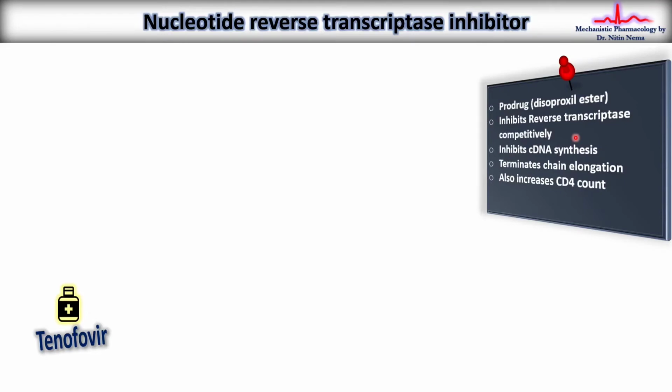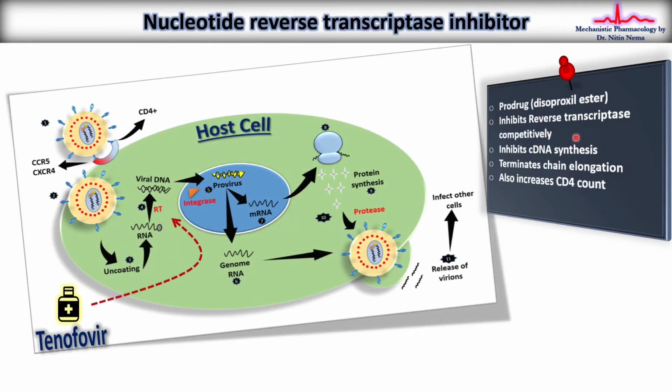It inhibits the enzyme reverse transcriptase competitively and therefore it inhibits complementary DNA synthesis and thus terminates the elongation of the chain. The advantage of such drugs is that along with limiting HIV infection or viral load, this drug also increases the CD4 count.